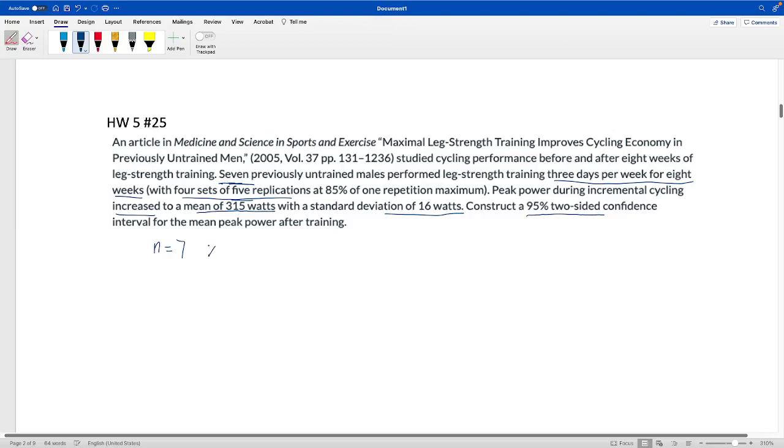We need for this calculation to find the mean, which was given, so it increased to 315 and had a standard deviation of 16.